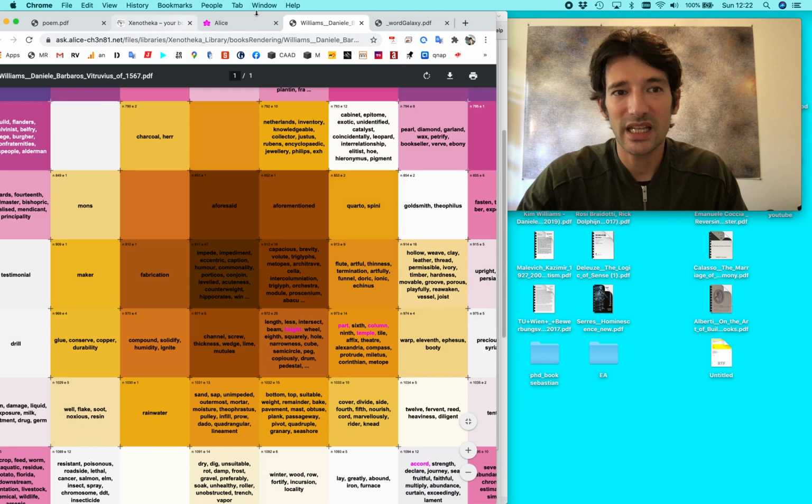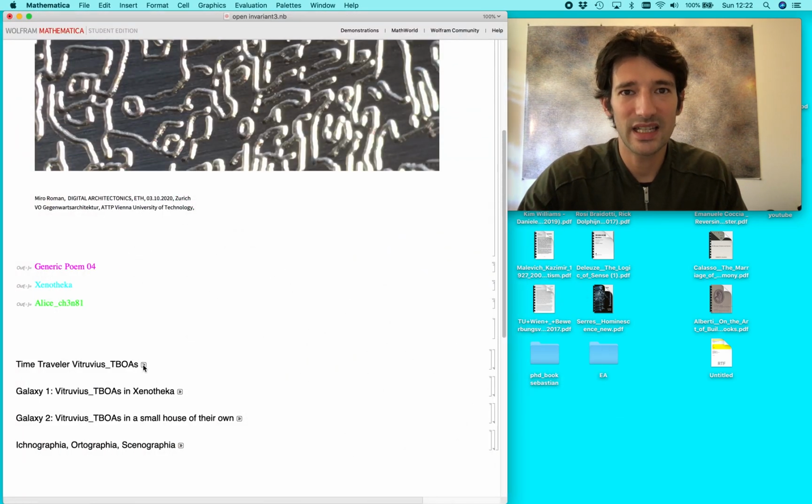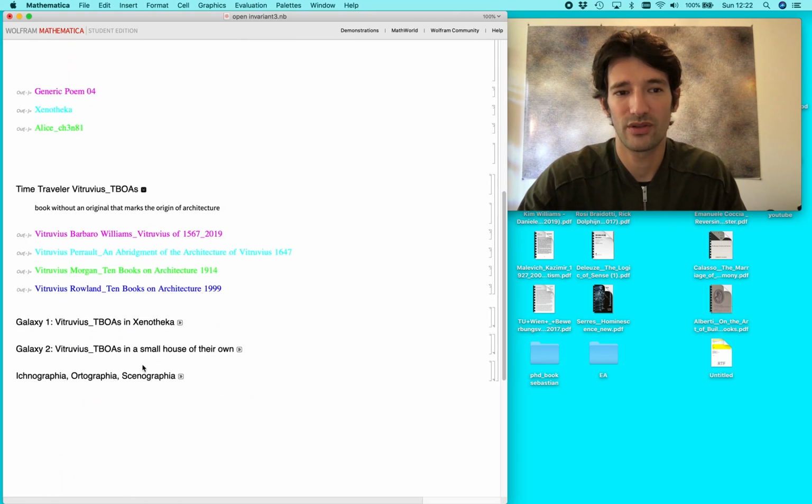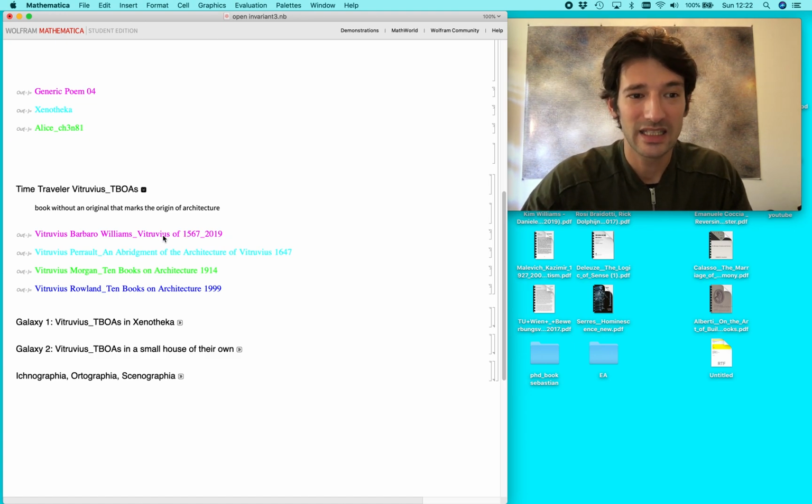What I find particularly interesting with Vitruvius is that there is no single version of Vitruvius. So in our library in Xenotech, we have four different ones. And look at how great the first one is. It's Vitruvius translated by Barbaro in 1567 and then retranslated by Williams in 2019.